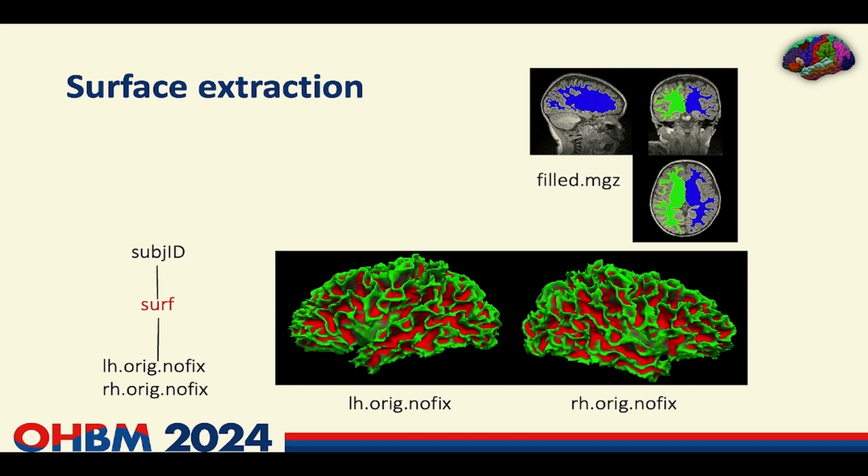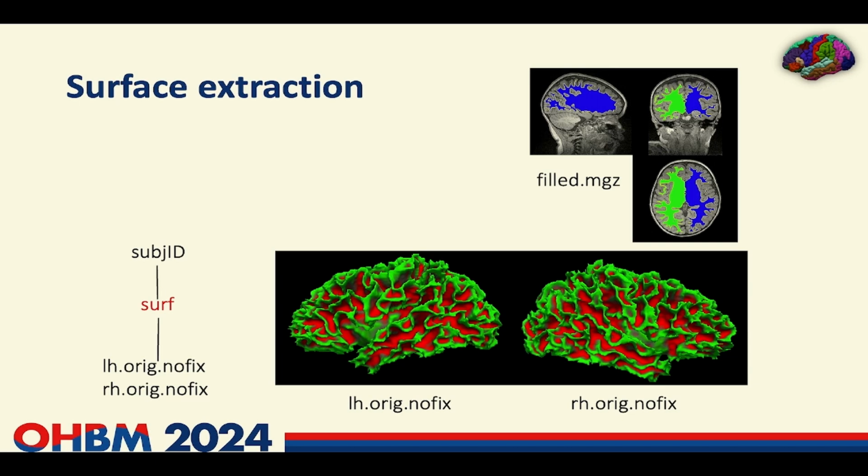So how does the surface extraction step happen? As I mentioned, in the Infant FreeSurfer pipeline, you first do a volumetric segmentation. Then from the volumetric segmentation, you assemble a volume called a filled volume. Basically, you're interested in the white matter, and you're filling up some of the ventricles.